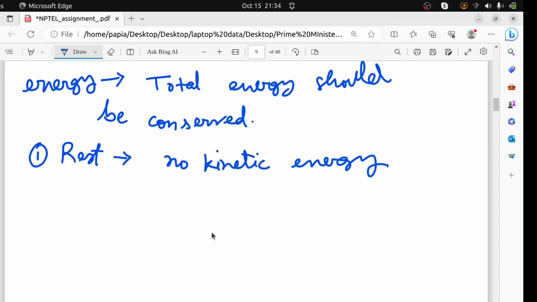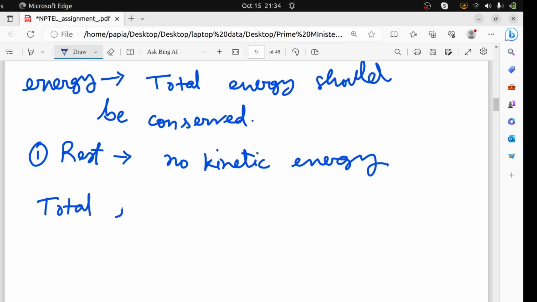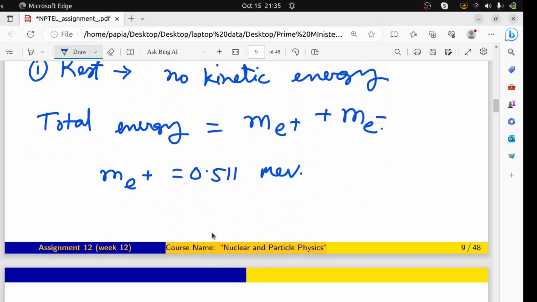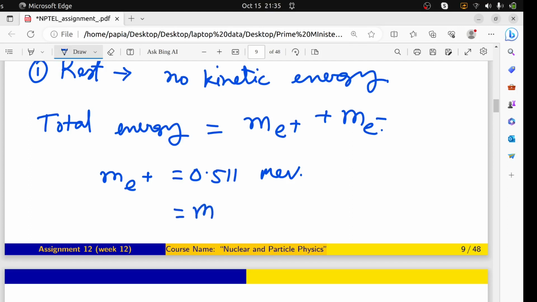If there is no kinetic energy, then we can write total energy equals the mass of e+ plus the mass of e- only. We all know that the mass of e+ is 0.511 MeV, and similarly it is exactly equal to the mass of e-.